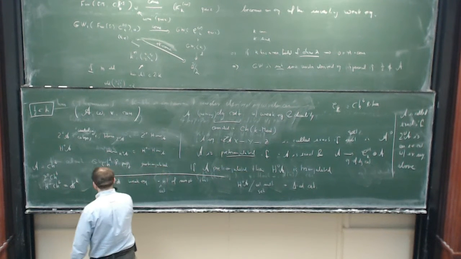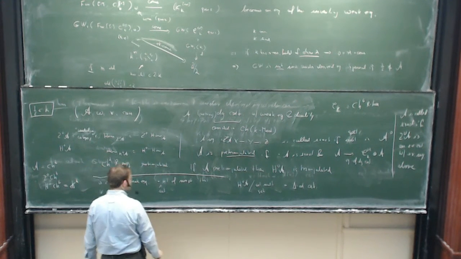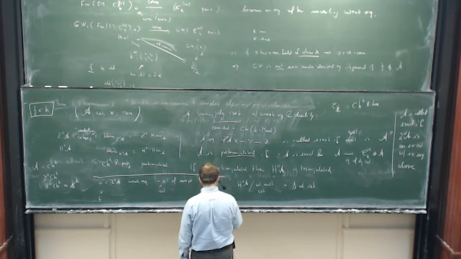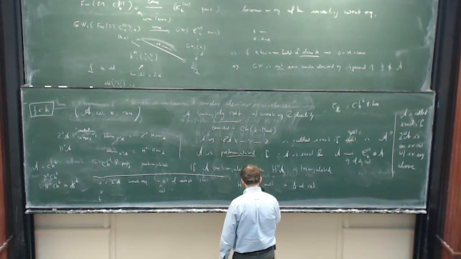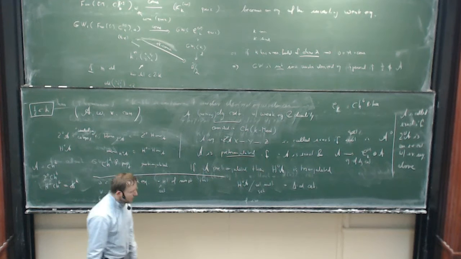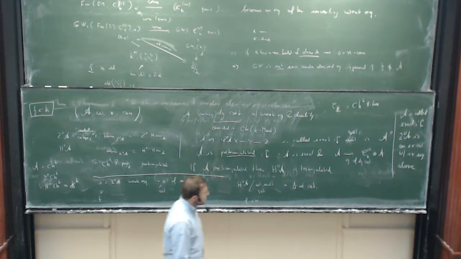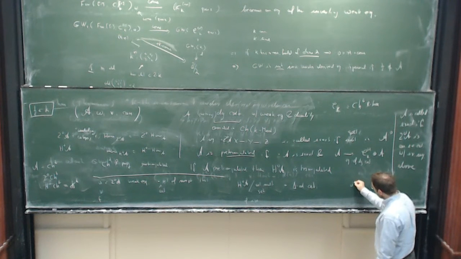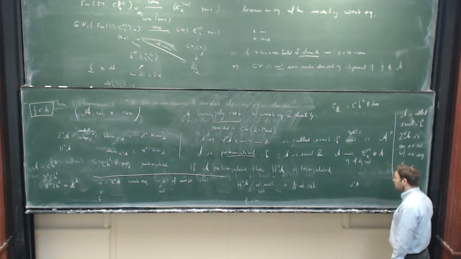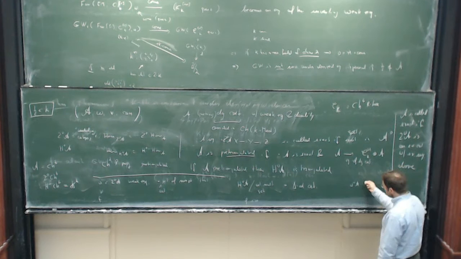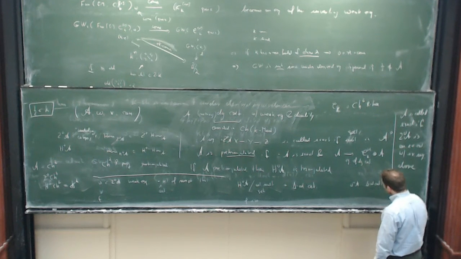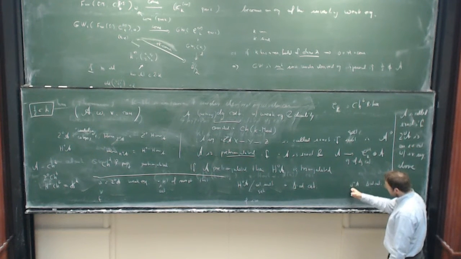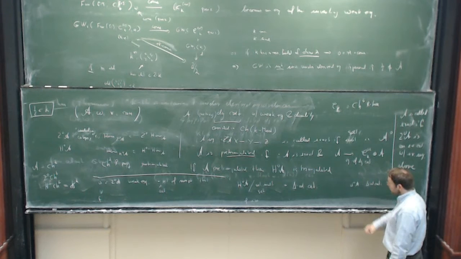So F is a weak equivalence if and only if F is an isomorphism here. That has the effect that when I localize, this is actually a triangulated category, and maps are weak equivalences if and only if they are isomorphisms in the derived category.